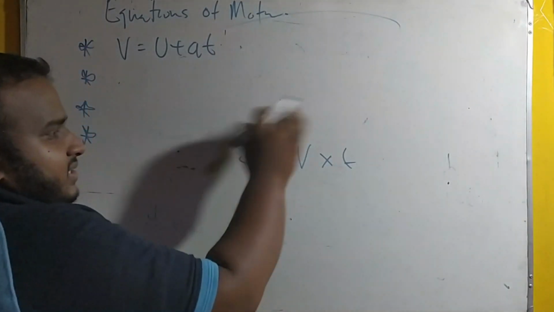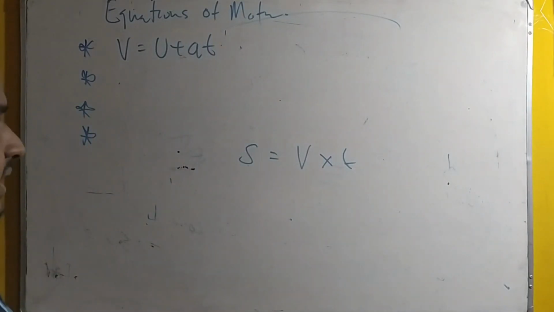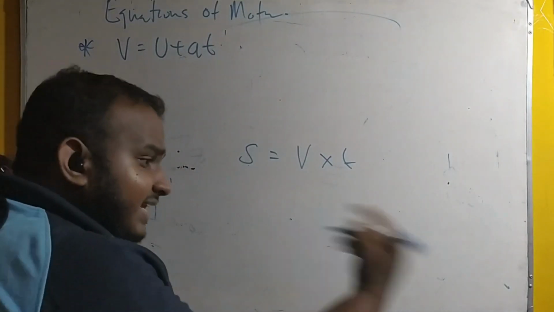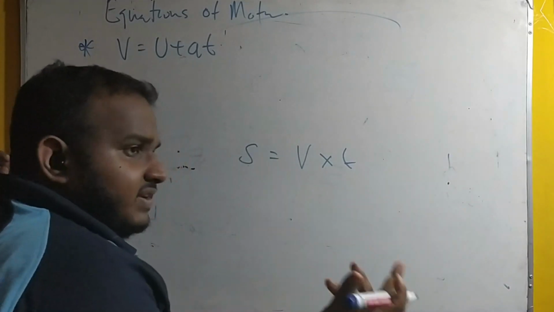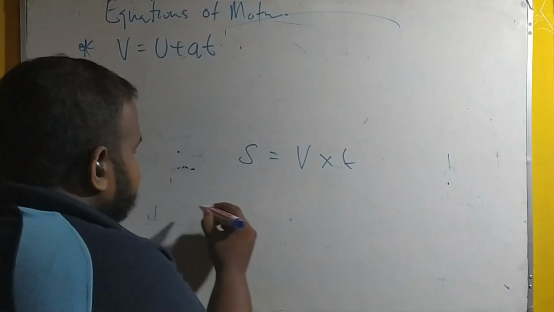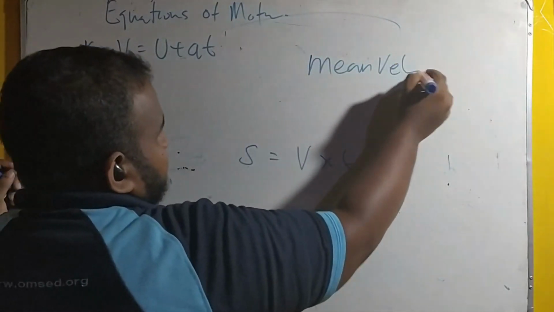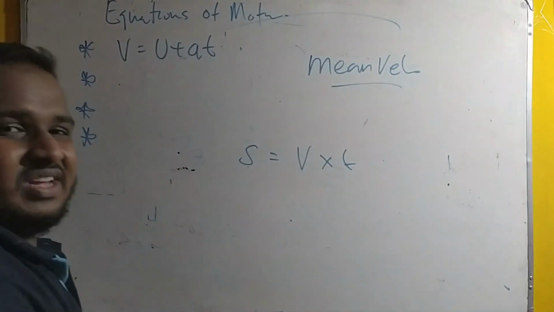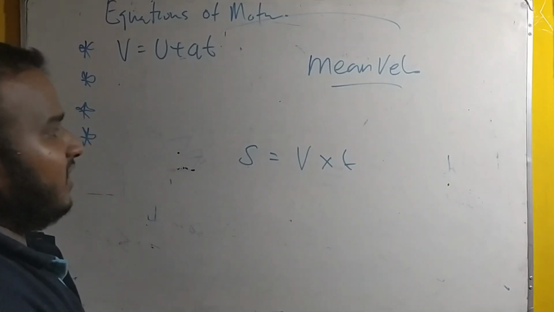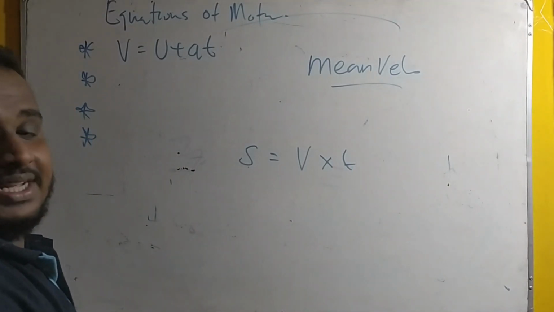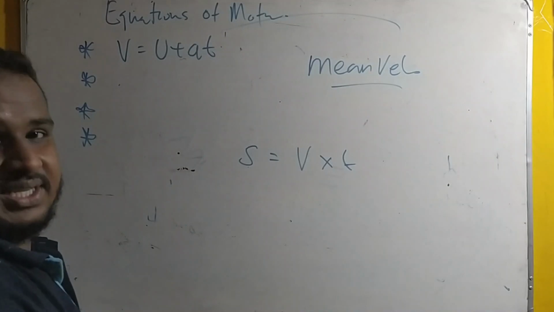Right? The same thing. In the previous lecture, we studied something about mean velocity or average velocity. Mean velocity means the average of changing velocities.